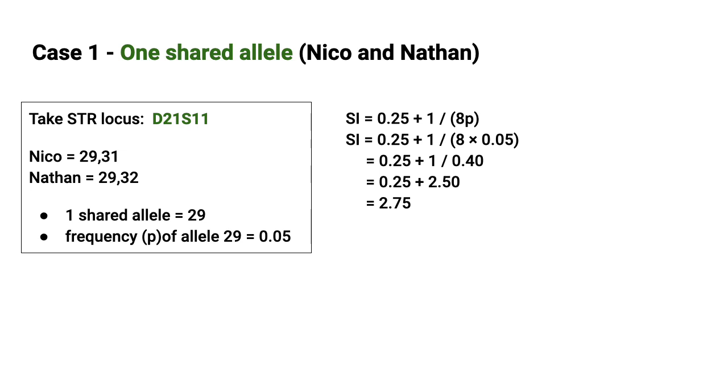Here they have a shared allele, which is 29 base repeats. The frequency of the allele is 0.05. So in computing the siblingship index, we come up with the answer of 2.75.